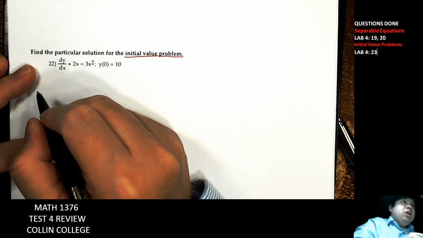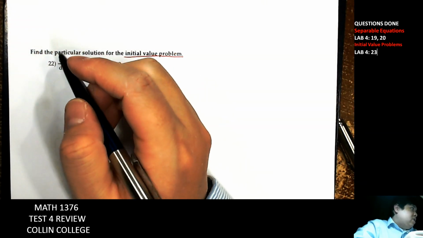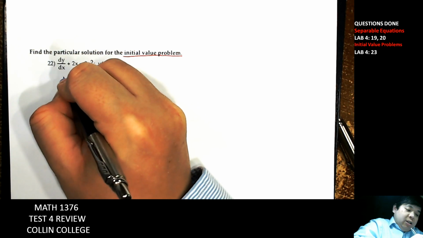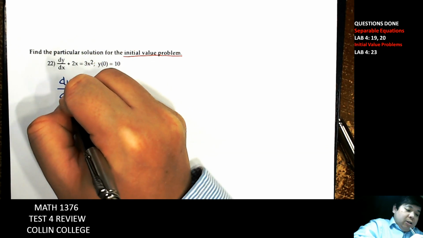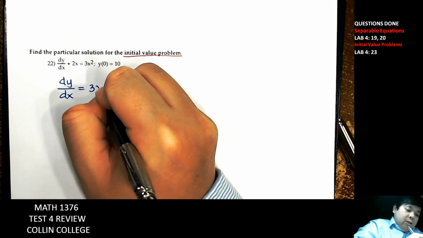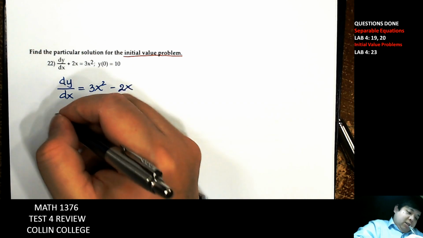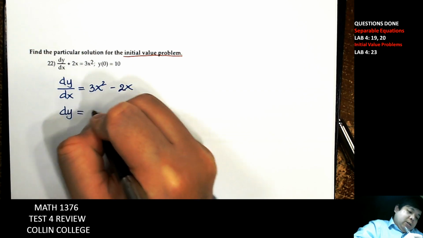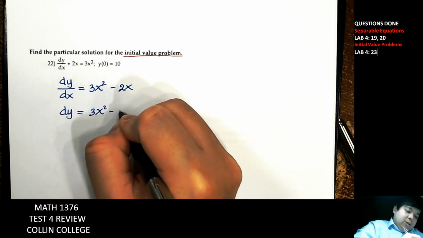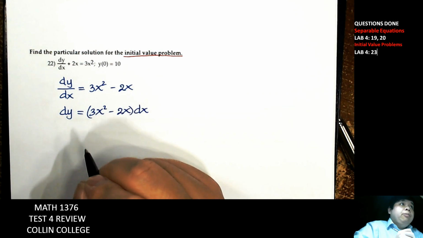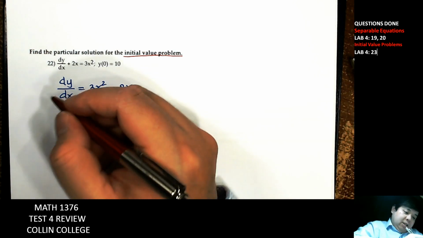First, we still need preferably x on one side and y on one side. So I move the 2x on that side, and the dx. And then we can integrate.